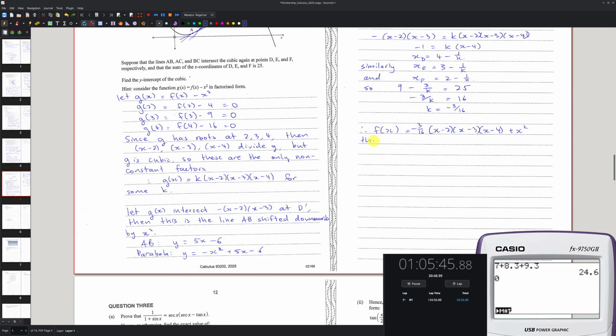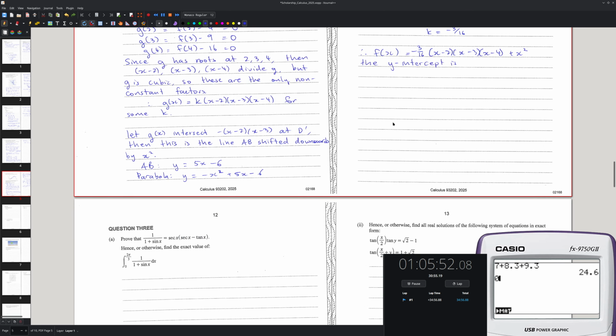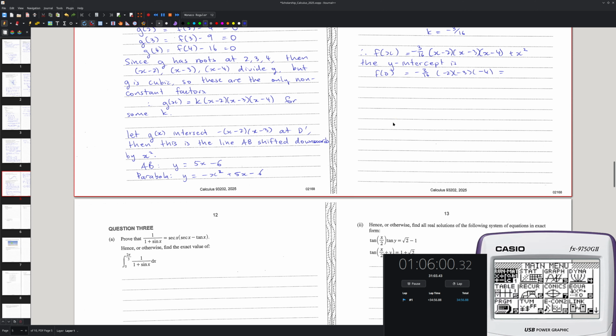The y-intercept is f of 0 equals negative 3 on 16, negative 2, negative 3, negative 4, which is, oh my god, bro. 4.5, okay.